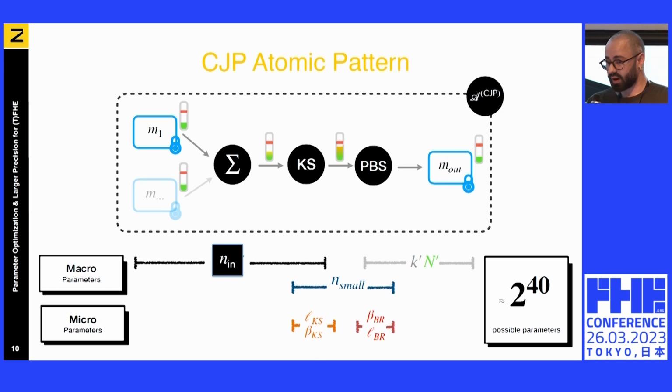Those parameters are actually the parameters for the bootstrapping key. And n_in is also following the same pattern because we consider that the input ciphertexts are coming from bootstrapping. So here we have 9 parameters. And with those 9 parameters and the practical ranges for each of them, we end up with 2 to the power of 40 different possible parameter sets, which is a lot.